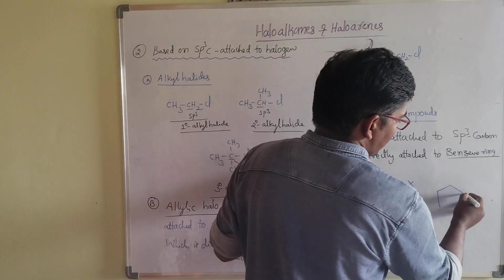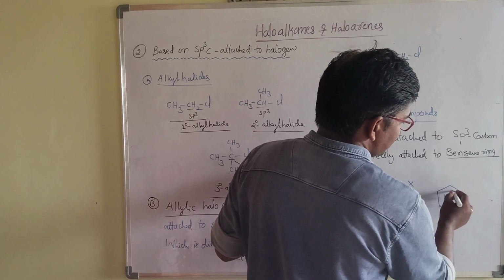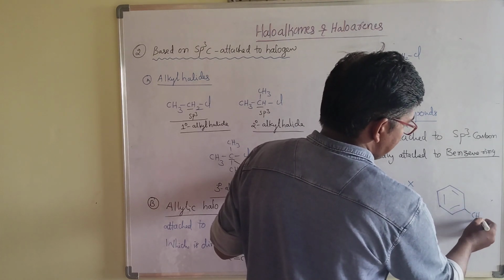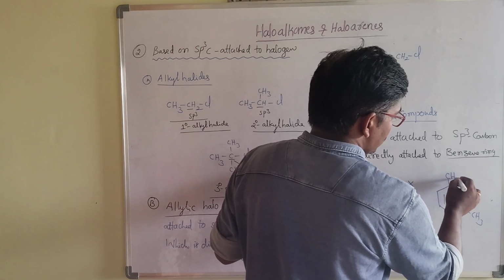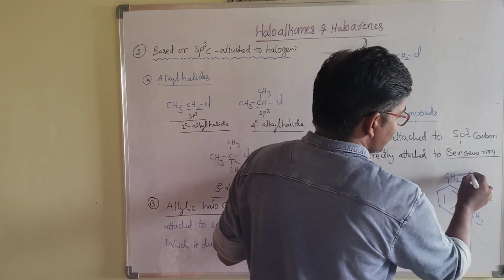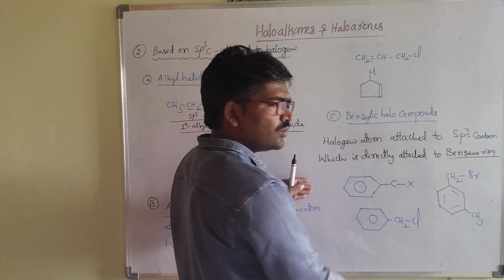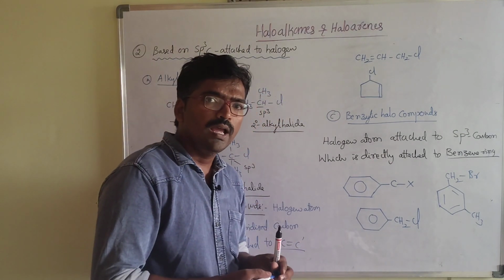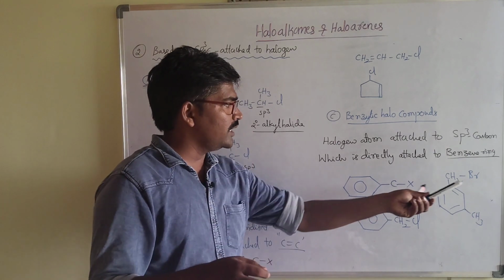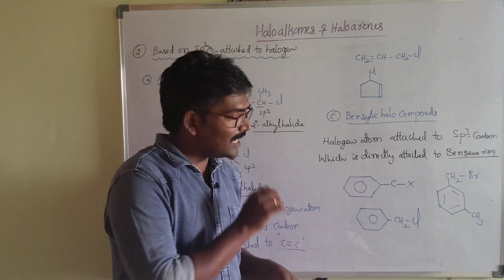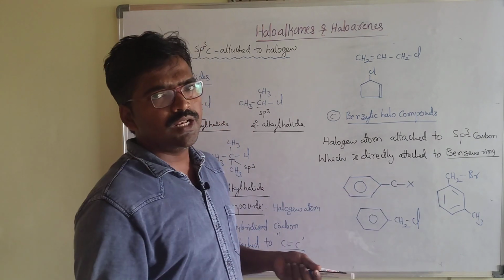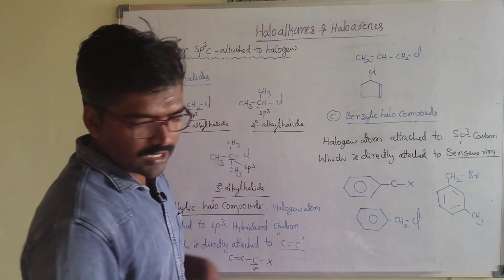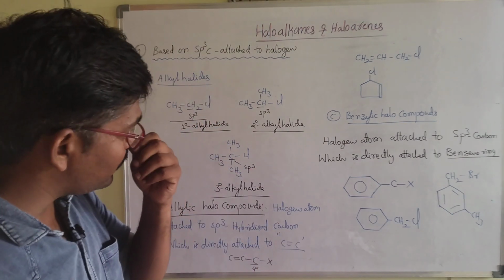Then benzene attached, then CH3 is there, then CH2, then bromine, like this. Even it is also a benzylic halo compound, because the halogen atom is attached to the sp3 hybridized carbon, which is directly attached to the benzene ring. That's it. So these are benzylic halo compounds. This is the second classification.